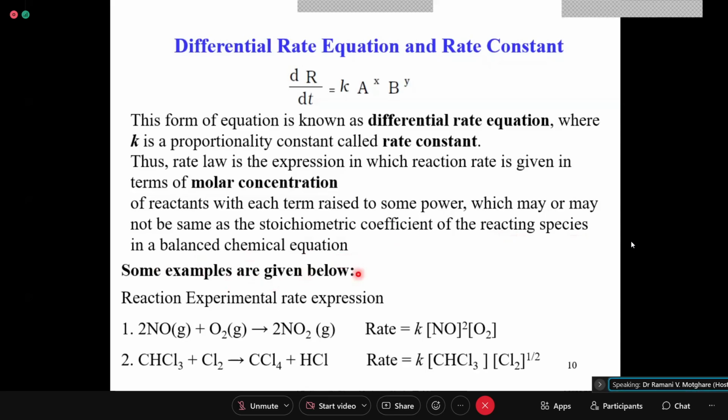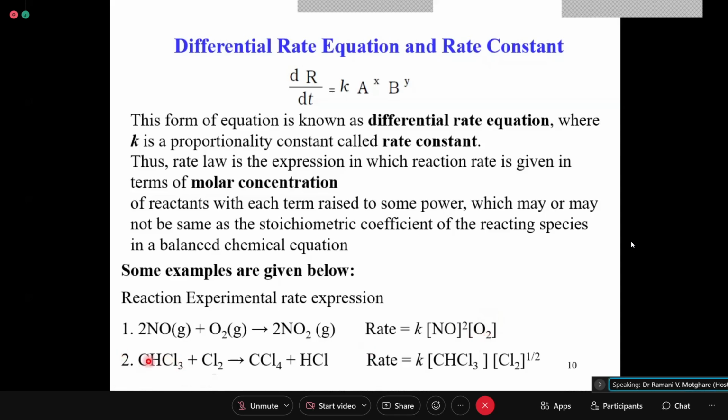Some examples are given below. Reaction and experimental rate expression. Two NO gas combines with oxygen forming two NO2 gas. Here the rate is equal to k, the rate constant, into the concentration of NO raised to 2 into the concentration of O2 gas.